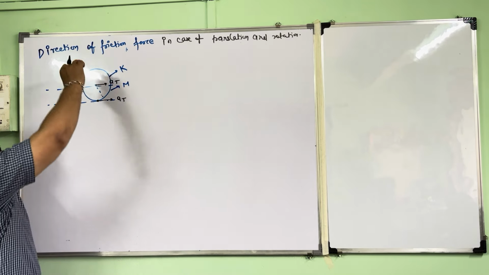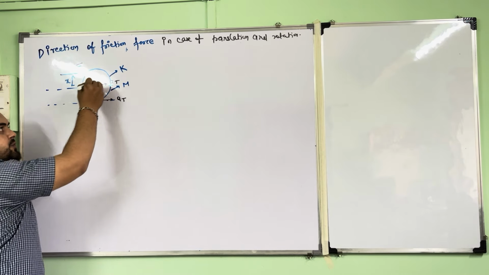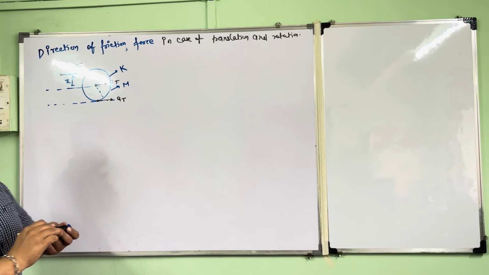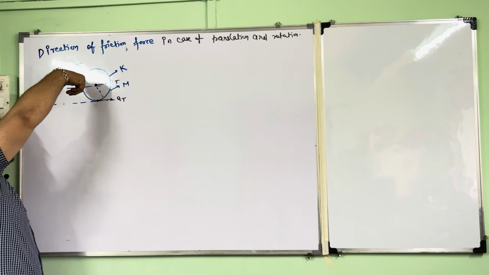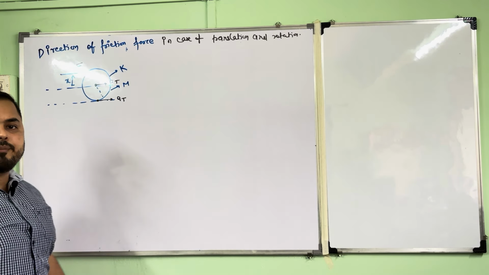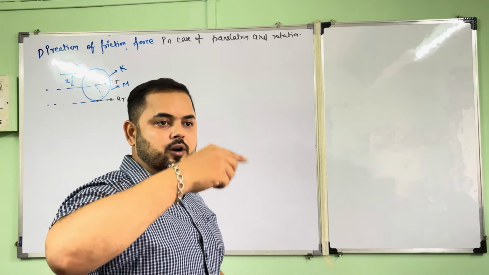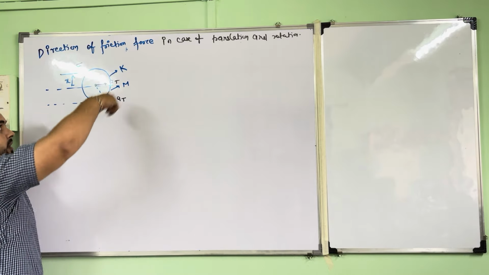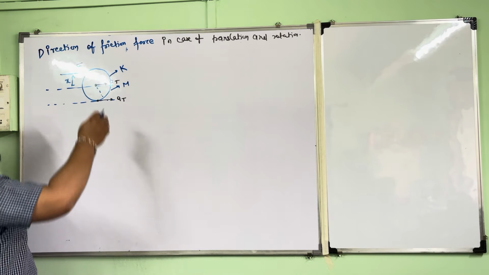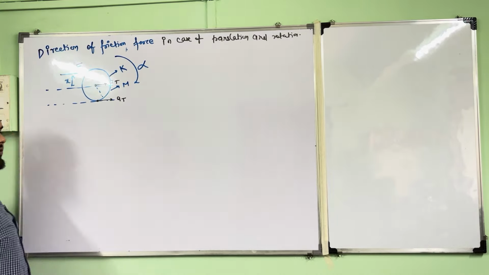And if the force is applied here, then at this point the force is acting in this direction, meaning it is clockwise, the body will rotate like this. So the direction of alpha, that is angular acceleration, will be in this direction.